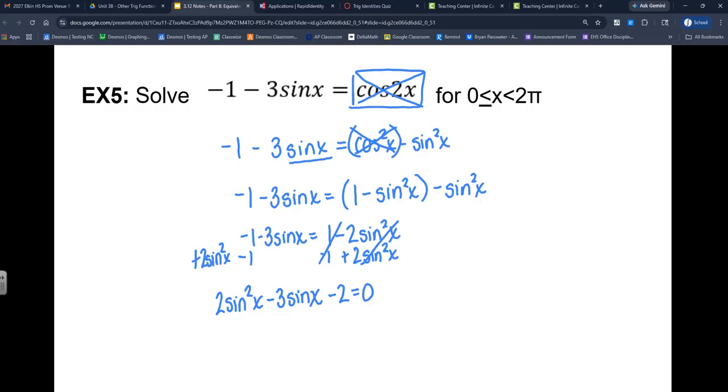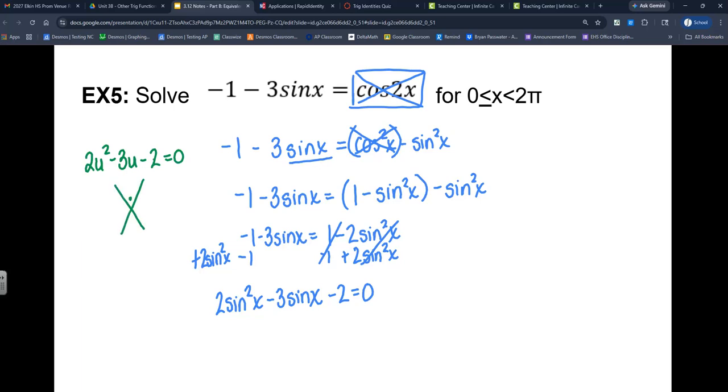You can write it the other way if you want, but we're getting ready to factor it. So it's generally just going to be easier to factor if it's in descending order there. So now when we're factoring this, remember that this is really like 2u squared minus 3u minus 2 equals 0. So I think most of you X method that.